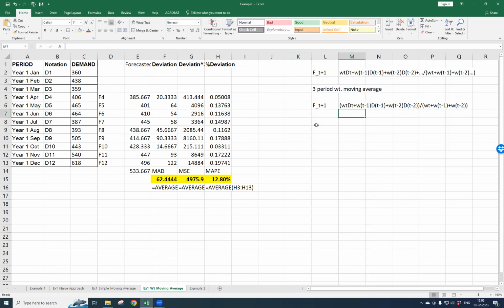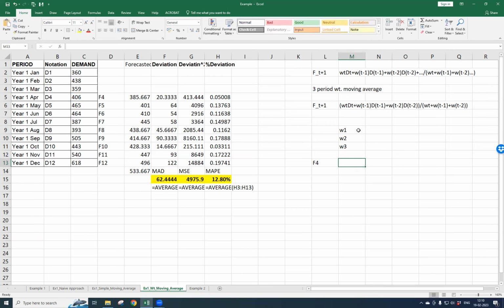Now, let me show this for a 3-period moving average. As we discussed in the class, for a 3-period moving average, I need 3 weights. What are those 3 weights? Let me call them W1, W2, and W3. If I have to write this formula, as we have seen last time as well, whenever you are doing a moving average, if I'm calculating a 3-period moving average, I can only start from F4.